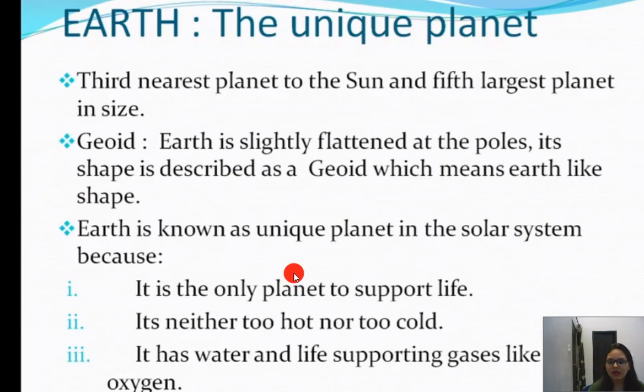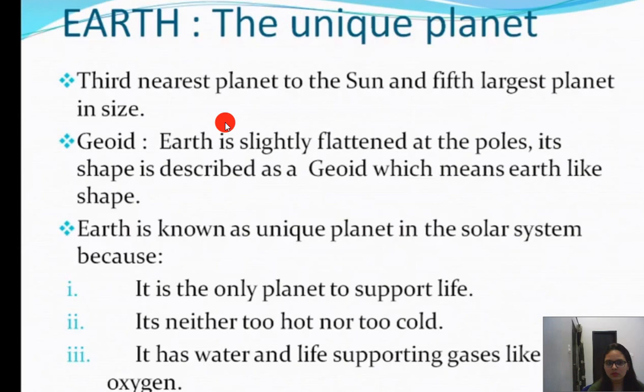Now we will read it again. Earth is the third nearest planet to the Sun and fifth largest planet in size. What is the shape of the Earth? The shape of the Earth is geoid. Earth is slightly flattened at the poles.